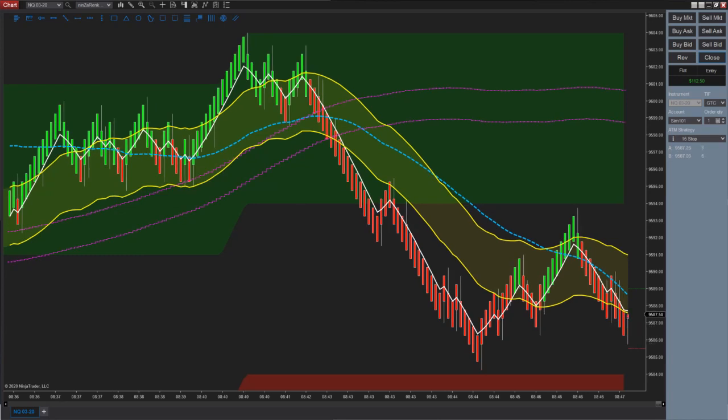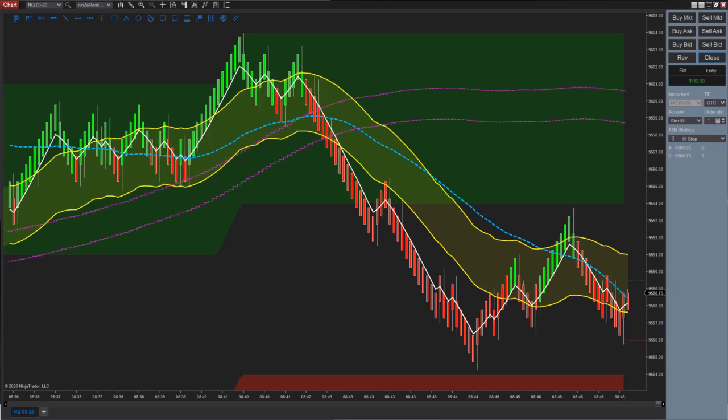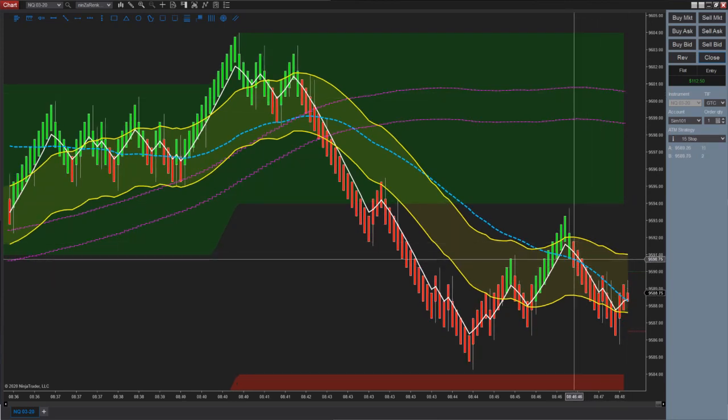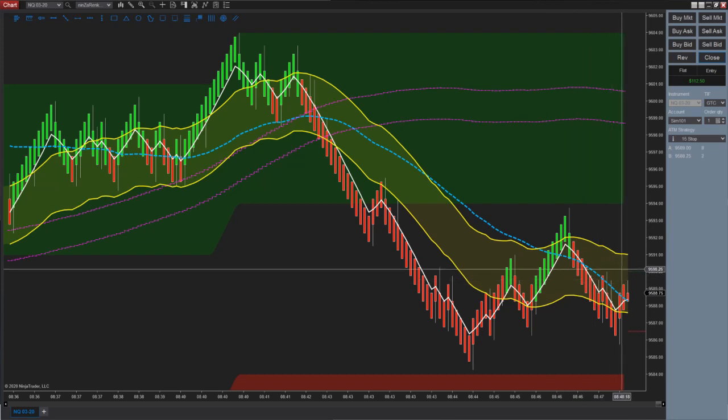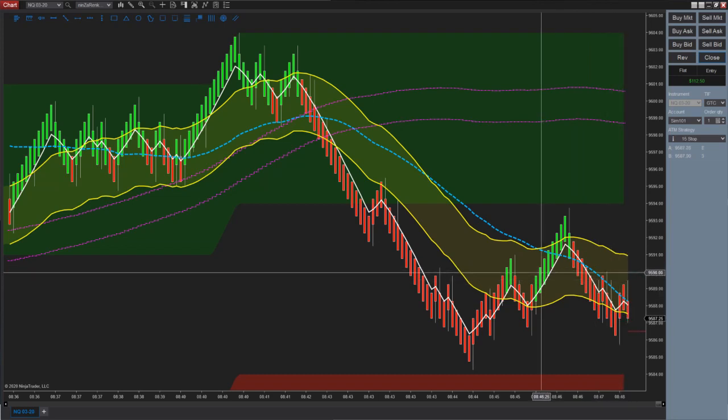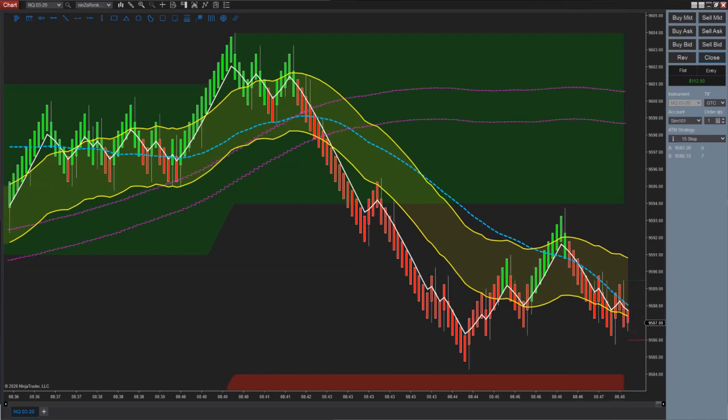So we are so far plus 27. We got in this one 11 ticks. So with this bar, when we go green or red, we'll just go for a scalp. Just a few ticks, 6, 7, 8, 10 ticks, 12. That's all.